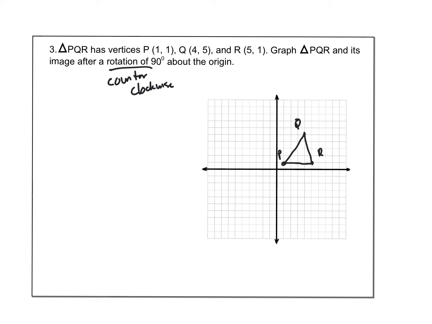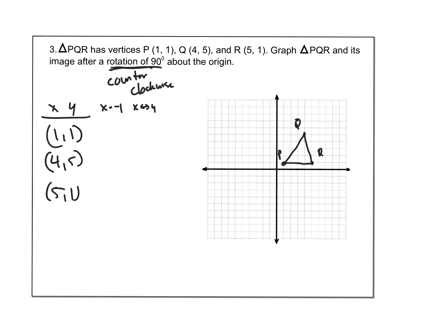So my points go 1, 1, 4, 5, 5, 1. Now remember, to rotate 90 degrees, I take x times -1, and then x and y switch places. So my new points will be over here. Now this becomes -1, 1, then they switch. So my new point becomes 1, -1.